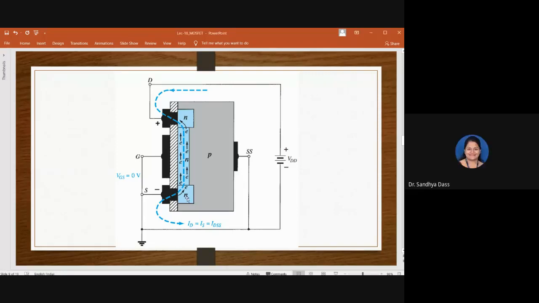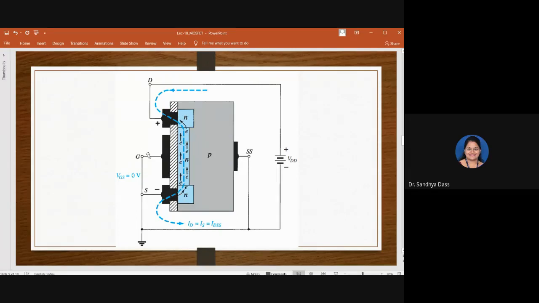I'll repeat. When you make the gate terminal positive, that is, when the voltage applied across gate and source is positive, the minority charge carriers in the P substrate, which are electrons, get attracted into the channel. The channel is nothing but the N-type material, whose majority carriers are already electrons.